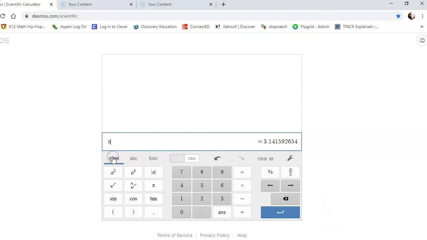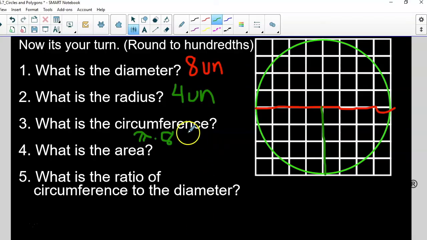Then I'm going to go back to my main to get the multiplication symbol. And our diameter was 8. So here we see our circumference is 25.13. And it's a distance around the circle, so it's just units.